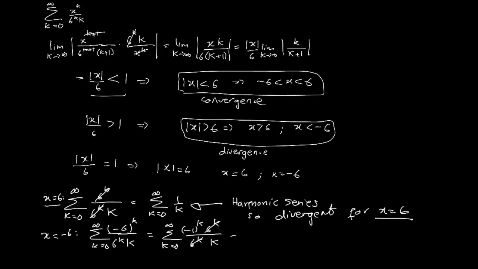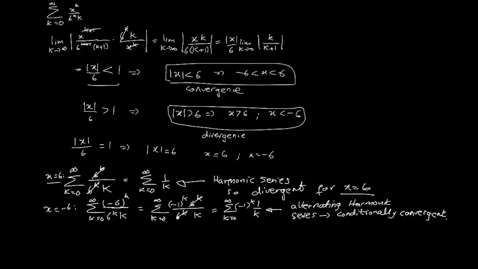Again, this will cancel as before, but we end up with the alternating harmonic series, which we know to be conditionally convergent. So at x equals minus 6 it is conditionally convergent.